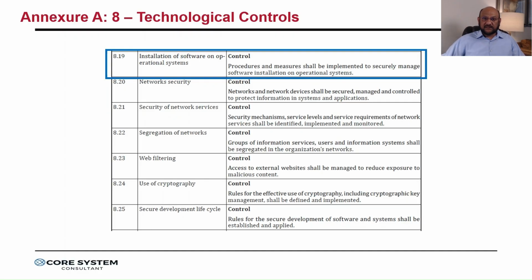So, what is the process? Who is authorizing it? What is the testing methodology before you put it in the operational phase, and then what is the rollback and contingency mechanism? That all needs to be sorted out first before you install any new software or applications.